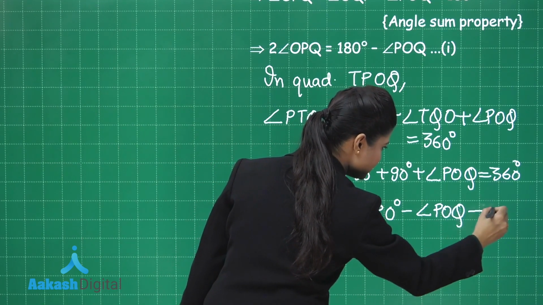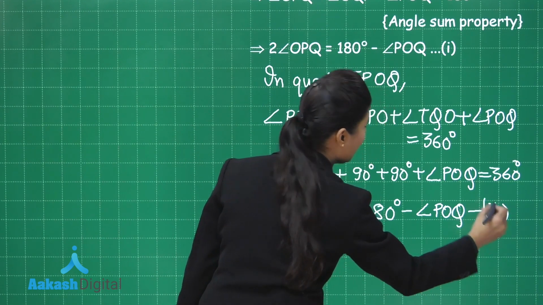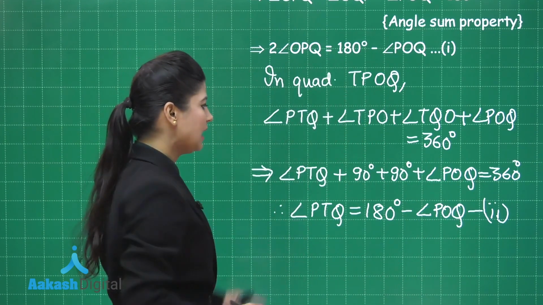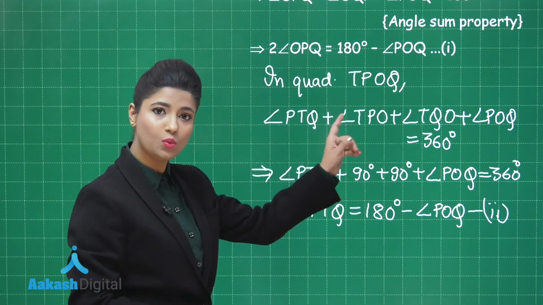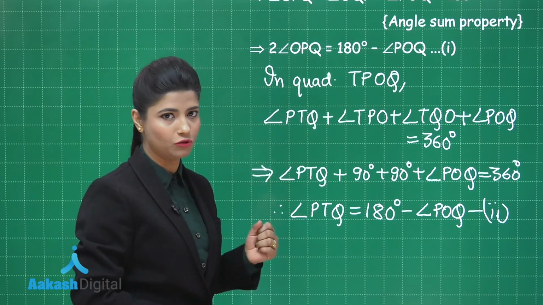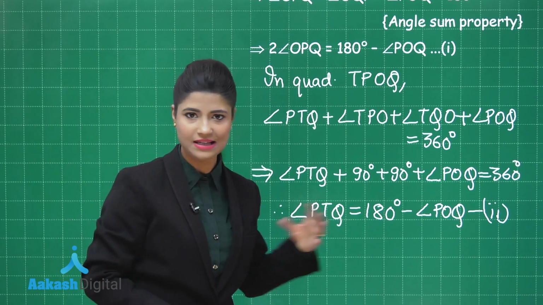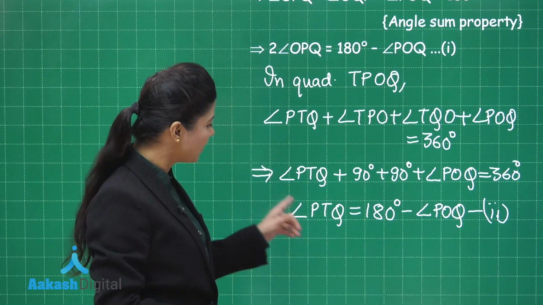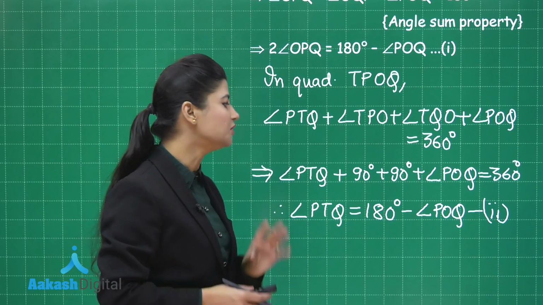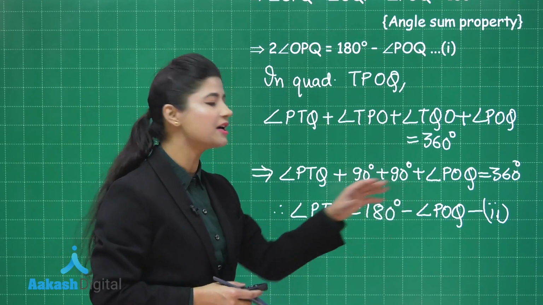Let's consider this as equation 2. Now I want you to observe equation 1 and equation 2. In equation 1 we obtained twice angle OPQ is equal to 180 degrees minus angle POQ, and in equation 2 I obtained angle PTQ is equal to 180 degrees minus angle POQ.